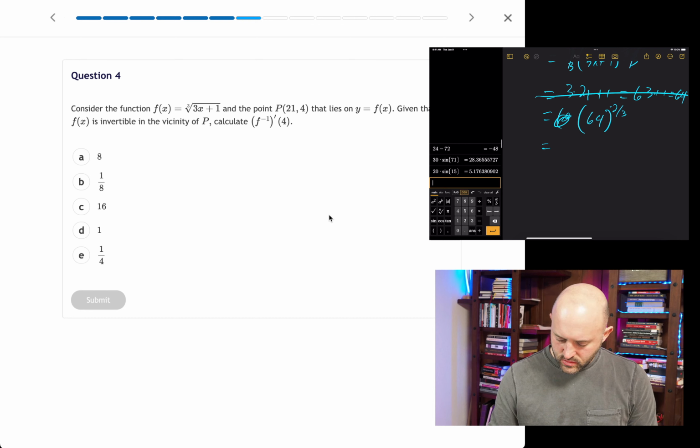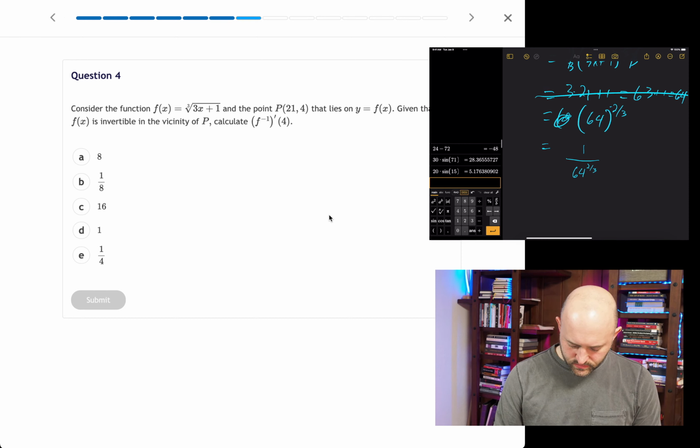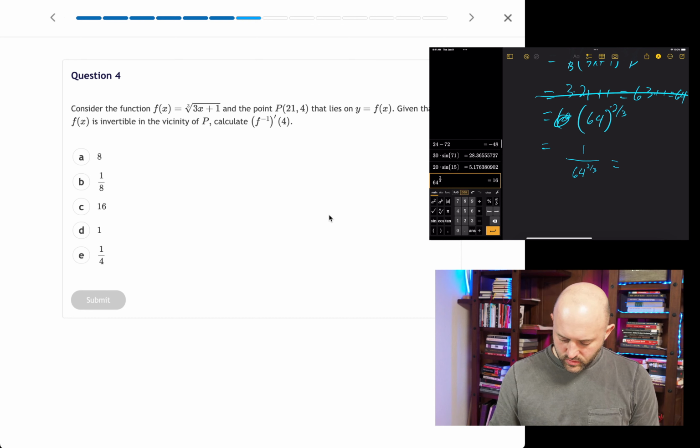Cube root of 64 is, goodness. So this would be 16.